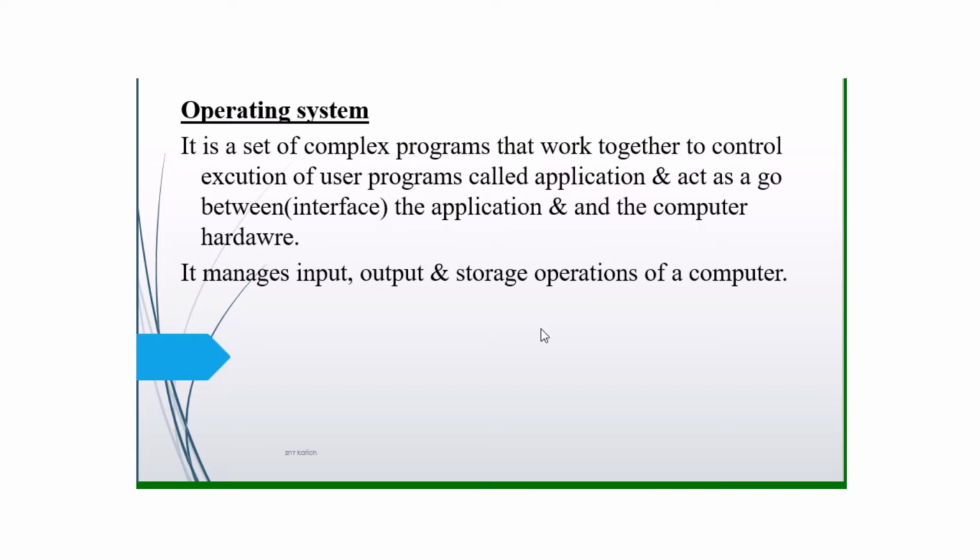In this case, the user will be the one controlling the application programs, and then the hardware will execute whatever the user has commanded, and it manages the input, output, and the storage operations of the computer.